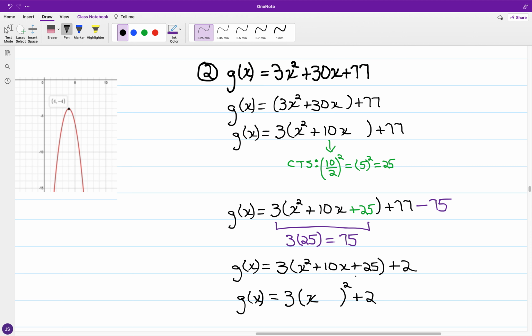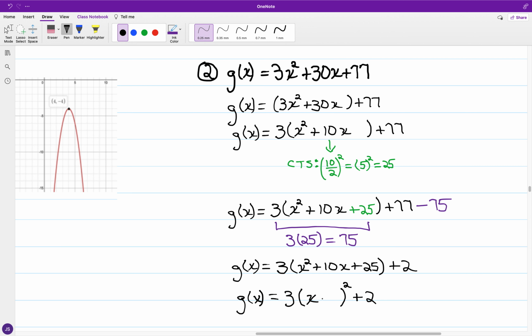We initiated the completion of the square process, and to get to the addition of 25, I squared out positive 5, and whatever value I square out in the completion of the square is going to reappear in the vertex form. In this case, we're going to have a positive 5, so I have 3 times the square of x plus 5 followed by the addition of 2.